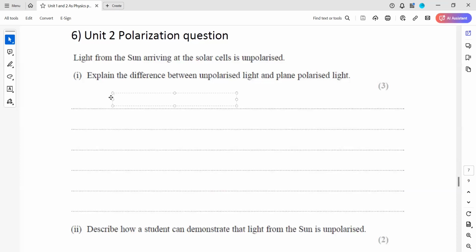If you use the first definition, the unpolarized light has the oscillation or vibration in all planes. If you use the term plane, because if you use the term direction, there will be a different definition.